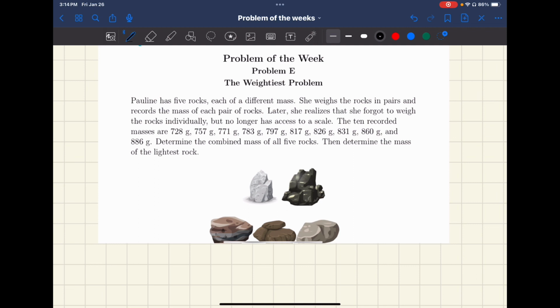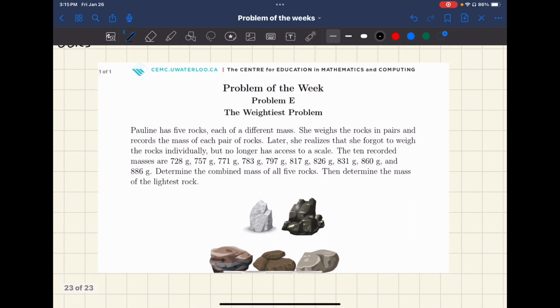The 10 recorded masses are 728, 757, 771, 783, 797, and so on, and we are asked to determine the combined mass of all 5 rocks and then to determine the mass of the lightest rock.